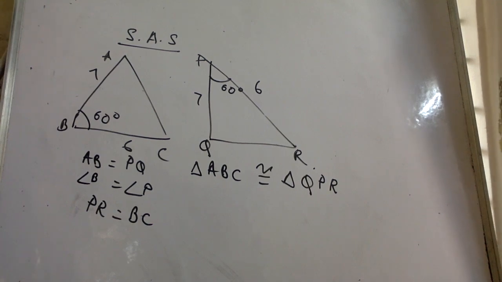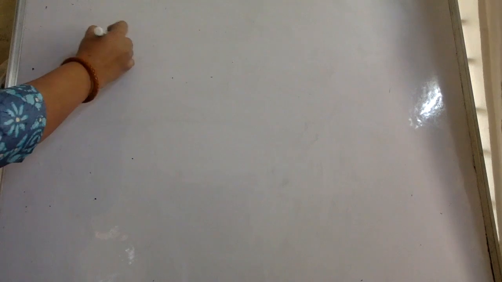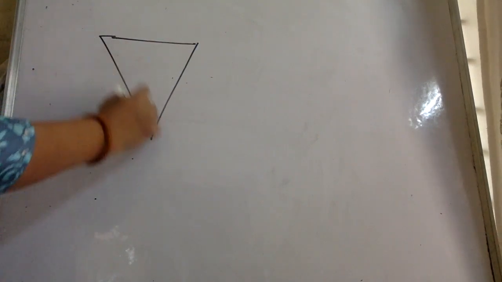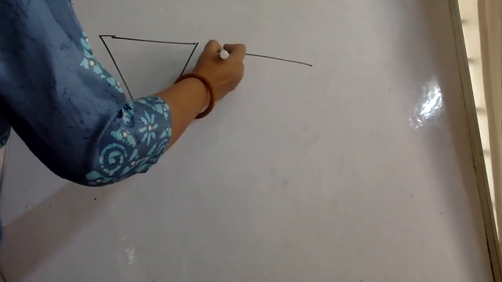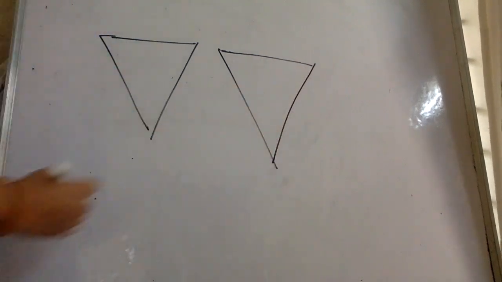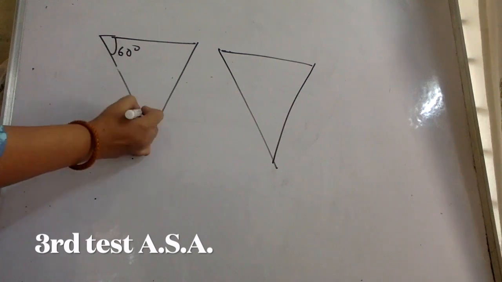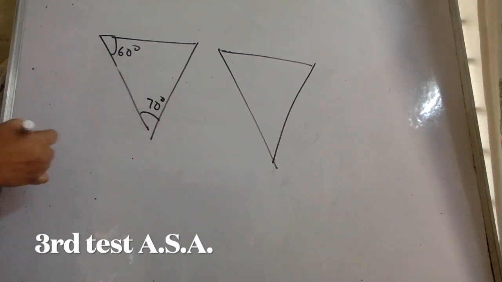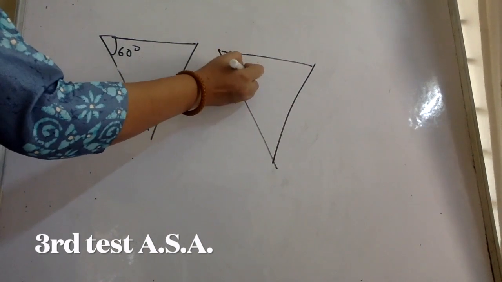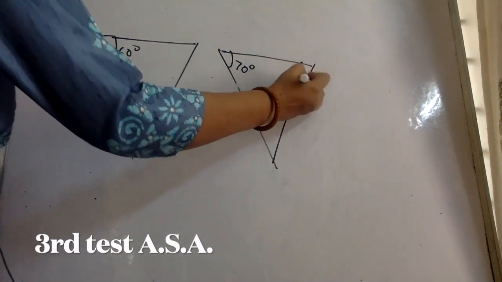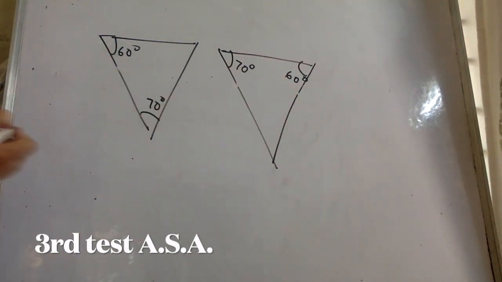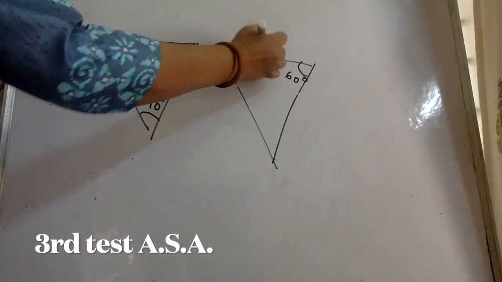Now we shall be taking up the next test, the third test. In the next test, we'll see that there are two triangles, and in this we have, supposing, a 60 degree and a 70 degree, here 70 degrees, 60 degrees, and then this one is given as 7 centimeter, 7 centimeter.